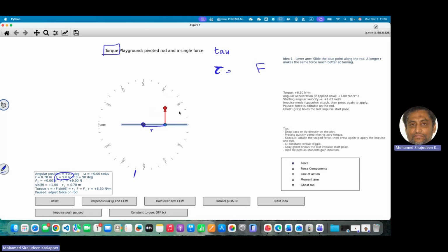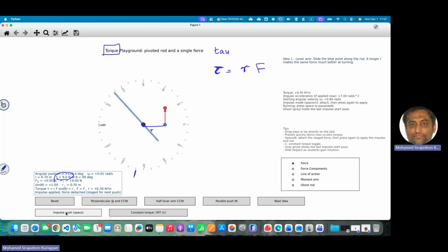So the turning effect depends not only on the force, it also depends on this R. You will not have difficulty accepting what I said. We can even show it. Let me push it and see. Before it stopped here, now it is going to stop somewhere halfway between that and this. Actually, it is proportional to R.